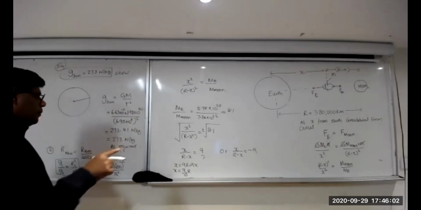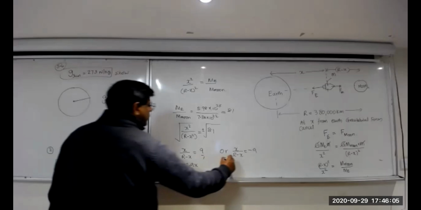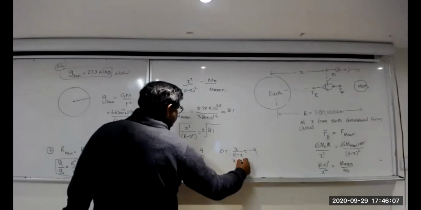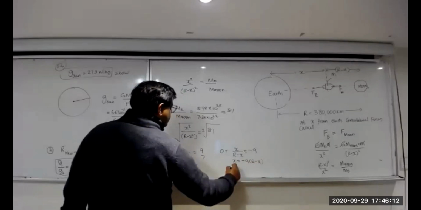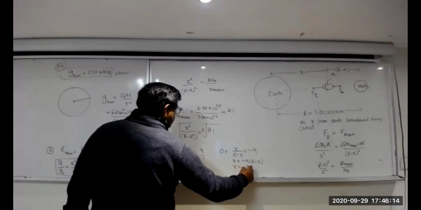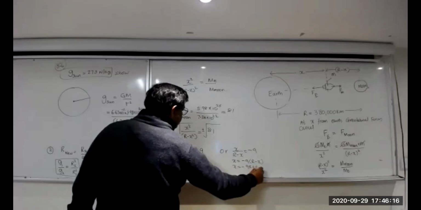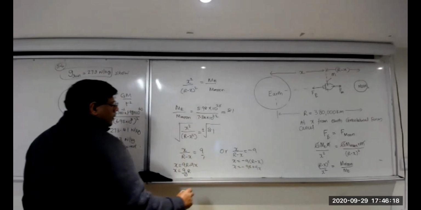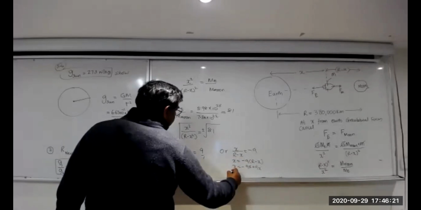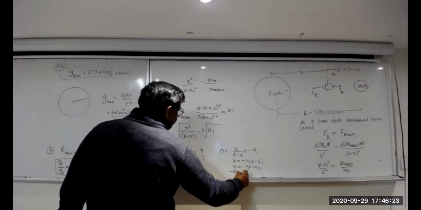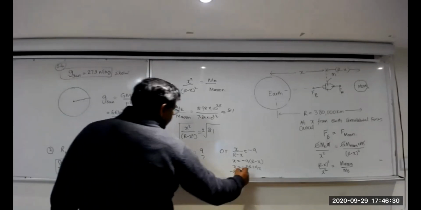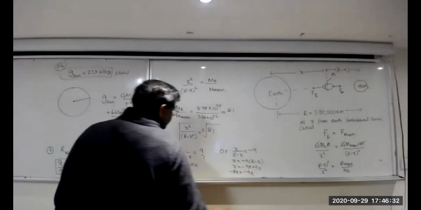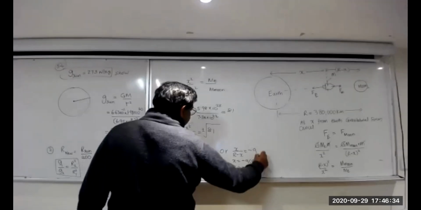And if we expand the negative case, you get negative 8x equals negative 9r, then you can see your x is more than r.